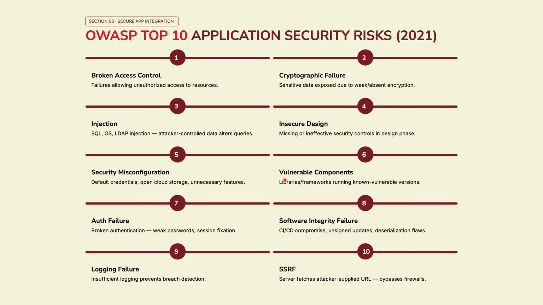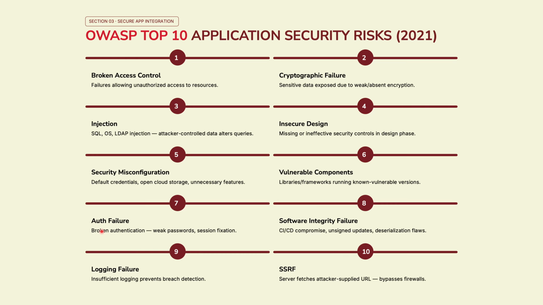A6, vulnerable and outdated components. These address the supply chain risk of running libraries, frameworks, or OS components with known vulnerabilities.